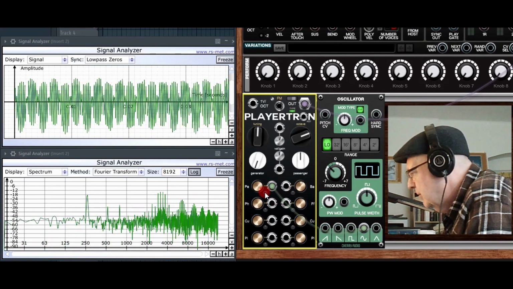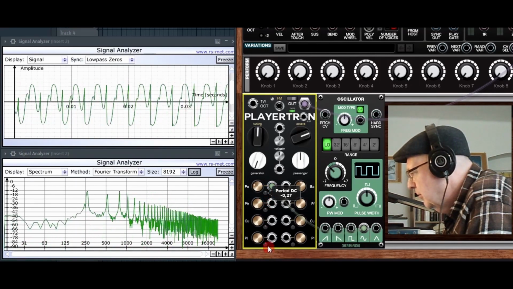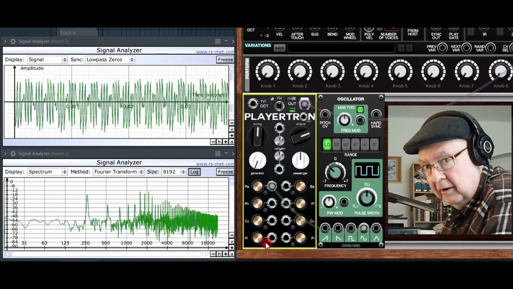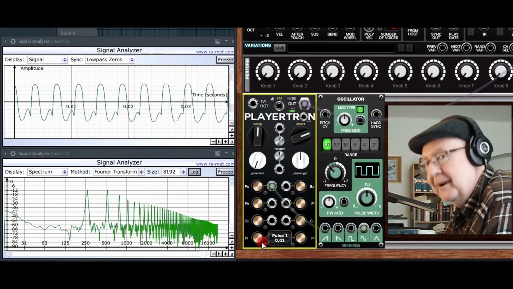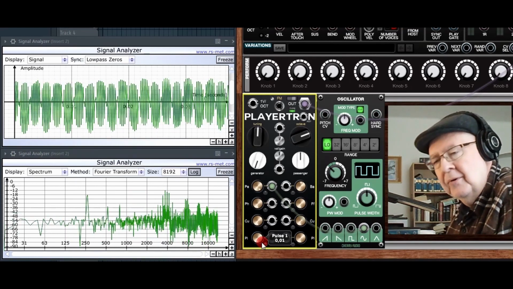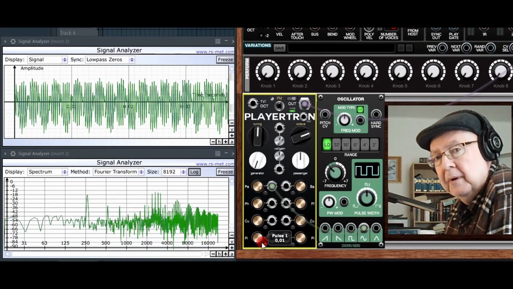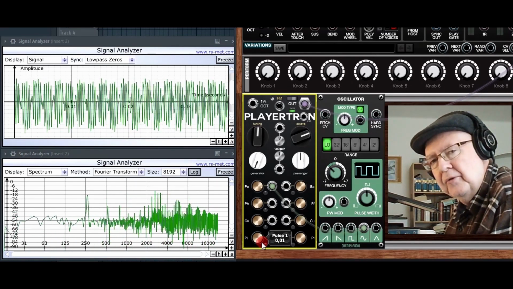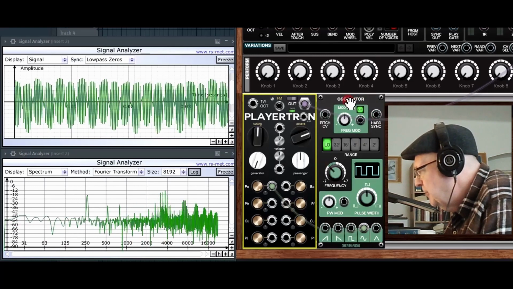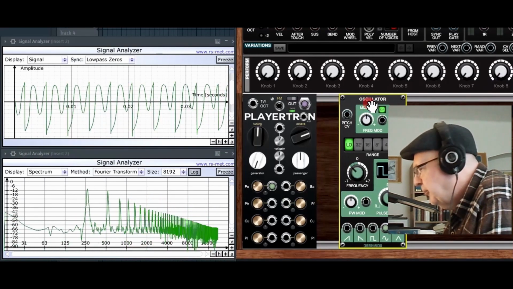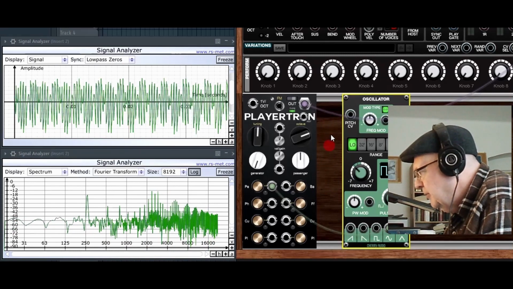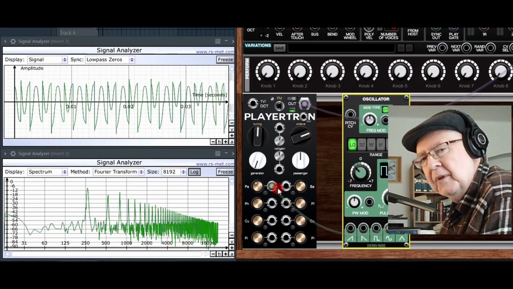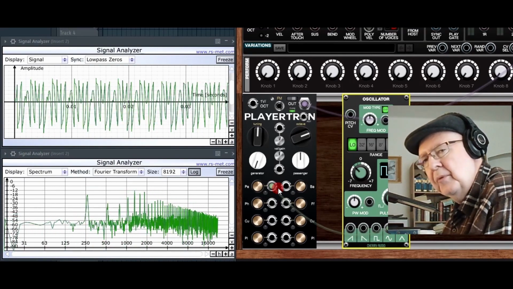And in the middle, of course, you would have guessed it, it's in the middle, meaning going down and up and down, and the amount of modulation depends simply on the amount of CV, of voltage I feed into the jack. So I could, for example, patch an attenuator between the modulating module and Playertron if I wanted to attach a certain modulation amount.